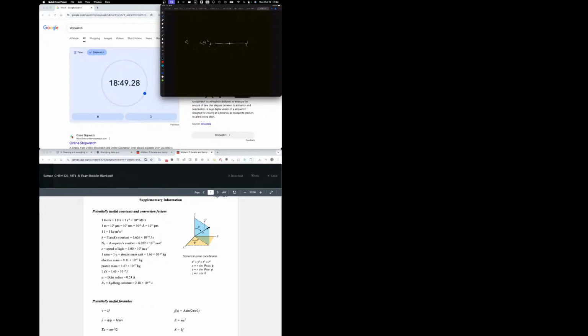So 0.5, 1, 2, 3, 4, 6, 7, 8, 9. And then we have nodes 0.5, 0.2, 0.4, 0.6. This is 0.8.